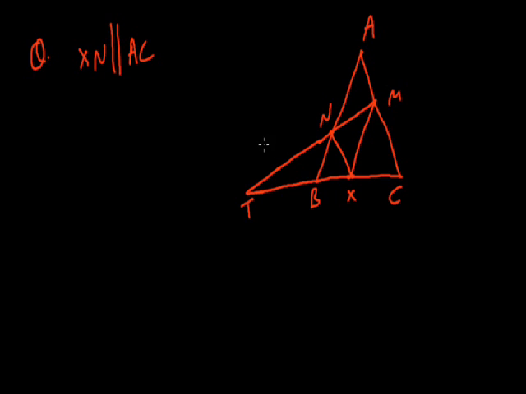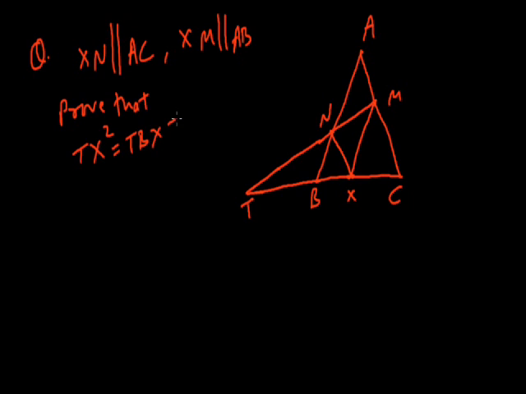It is given in this question. And we have to prove that TX square is equal to TB into TC.